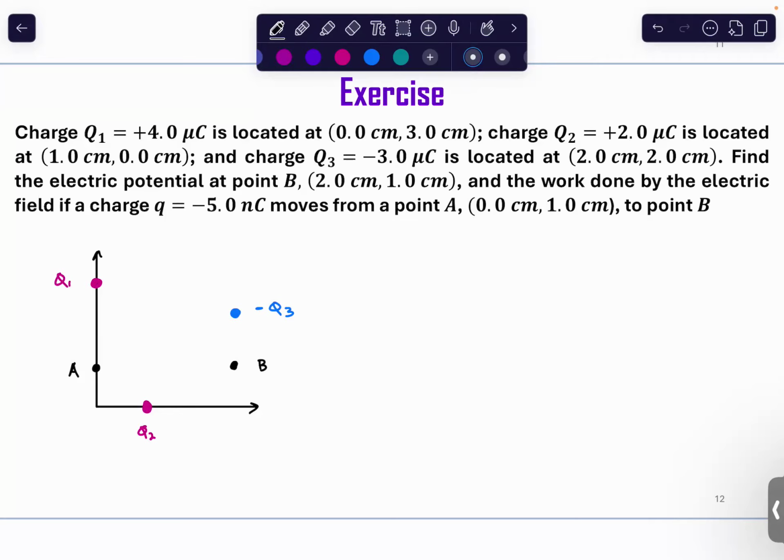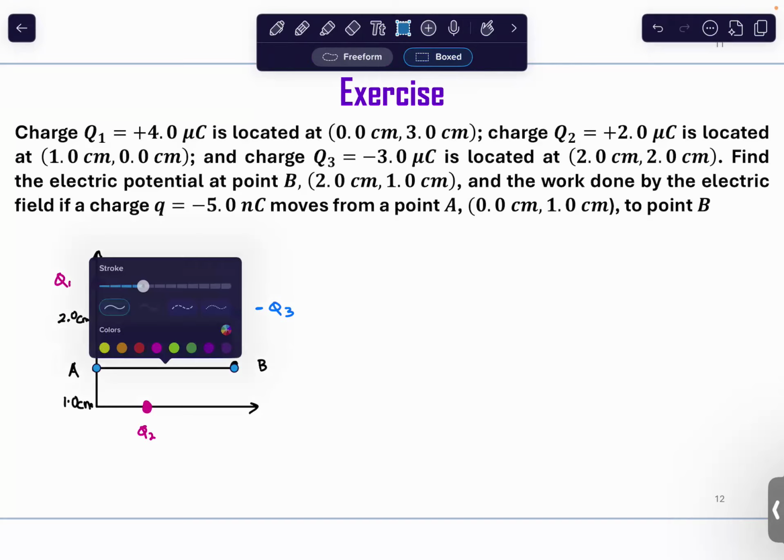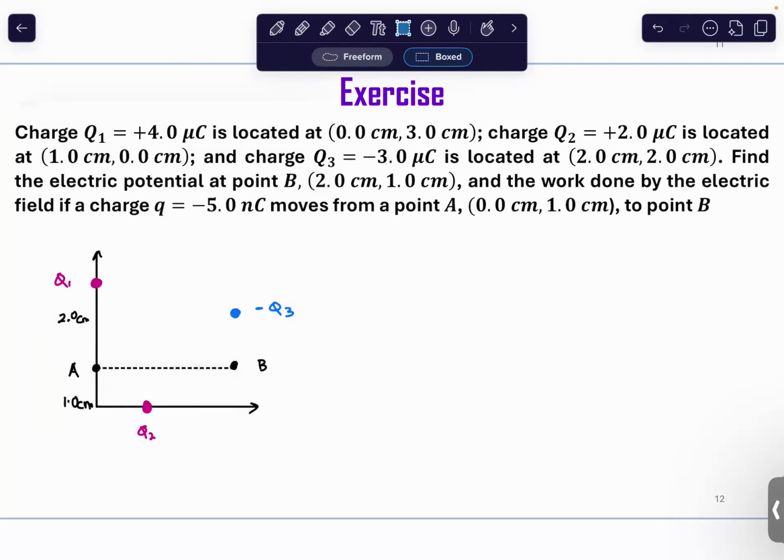So let's find the potential at A. So this distance, okay, what are our distances? That's 1 centimeter. So that makes that 2 centimeters. All right, so what do we need?